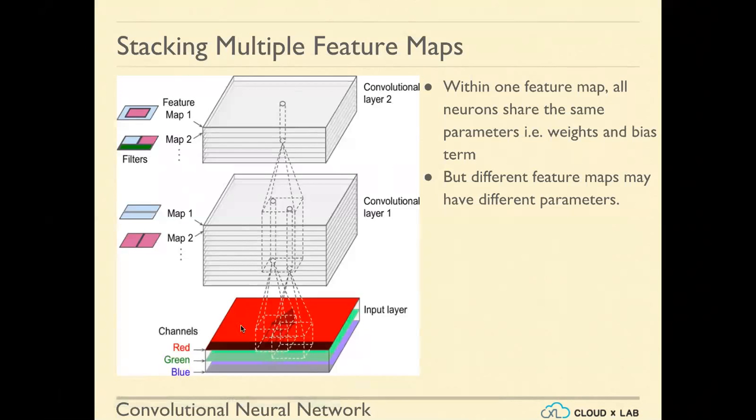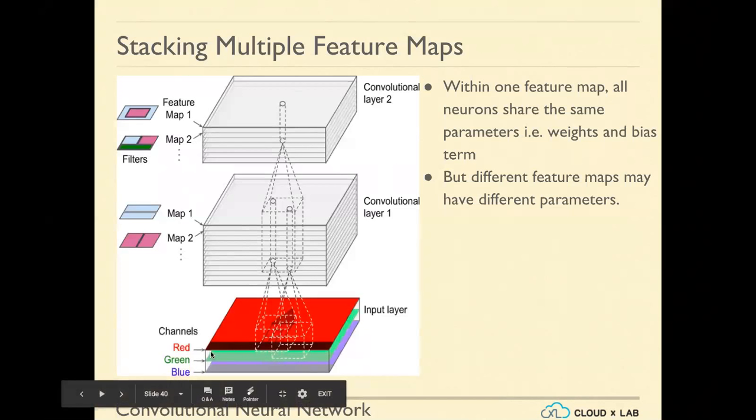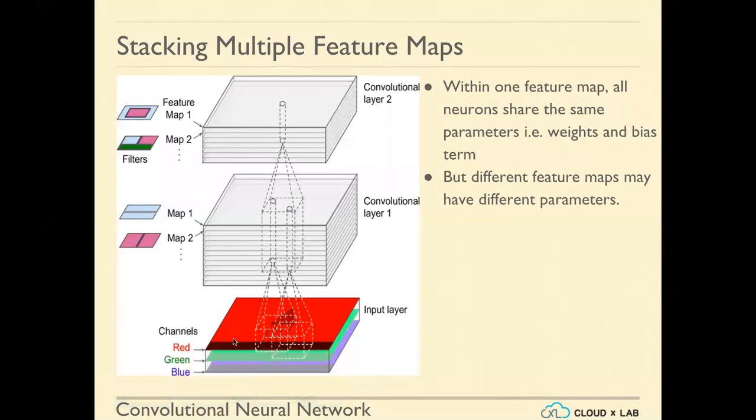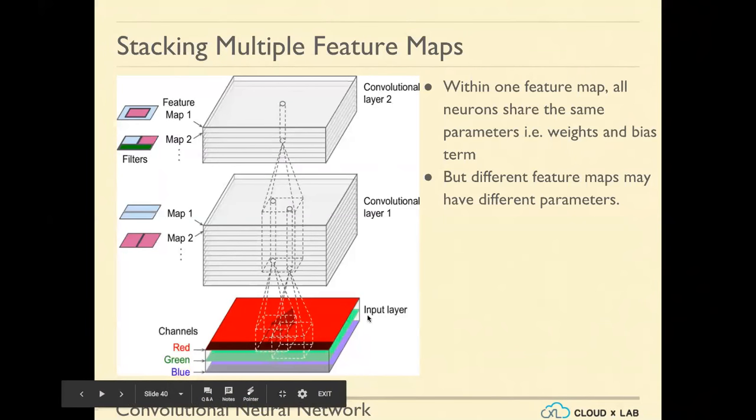But if the image is colored, then we will have three layers. That's our z direction, the third dimension. The channels here represent the third dimension: red, green, and blue, because in every channel, the intensity decides the overall color at every point in the image.